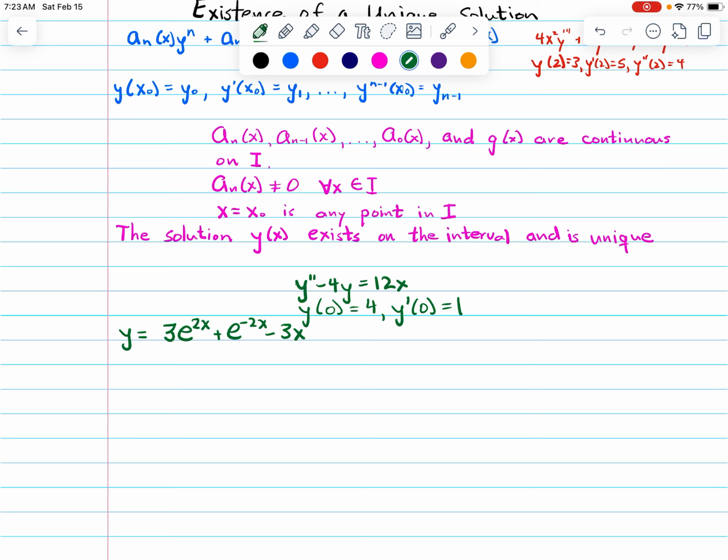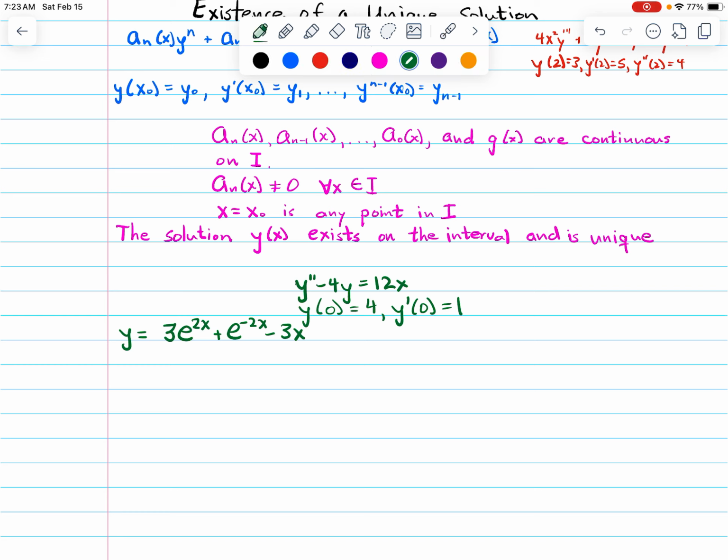Now, the initial values that were given are right here: y of 0 equals 4 and y prime of 0 equals 1. And this right here is the solution. Now, that is the only solution. That's what this theorem is telling us. That is the only solution because all the conditions are met.